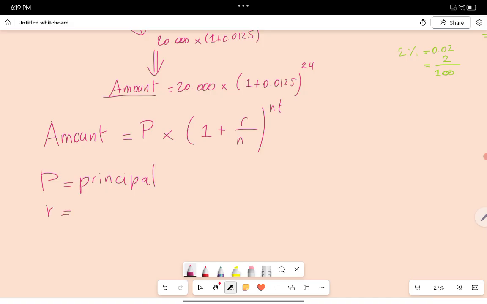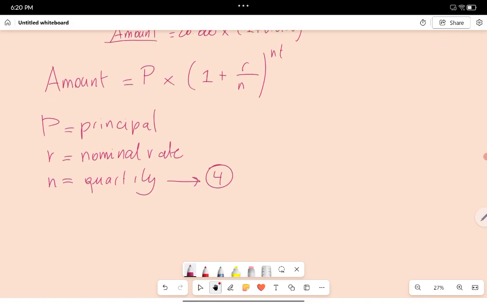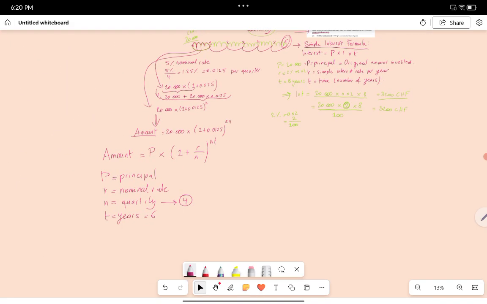R is the nominal rate. And n is the number of times per year. So we are looking at quarterly. If we have quarterly, we divide a year by 4. So n will be 4 here for quarterly. And t is the number of years. So t is 6 years, because he holds the money for 6 years.